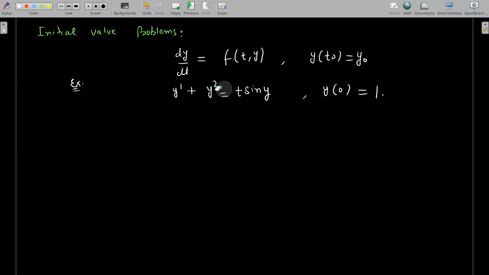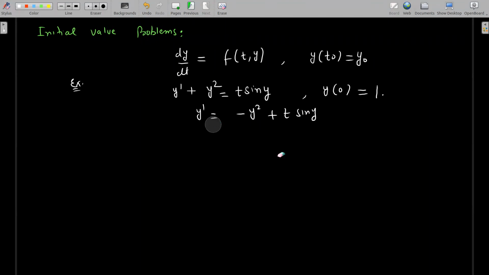So this is a nonlinear equation, okay? Or I can write in that standard notation y dash equals to minus y square plus t sine y. So this is my f, right hand side. Dy by dt equal to something, and that can be nonlinear. And we will talk about existence and uniqueness of the solution of this problem.